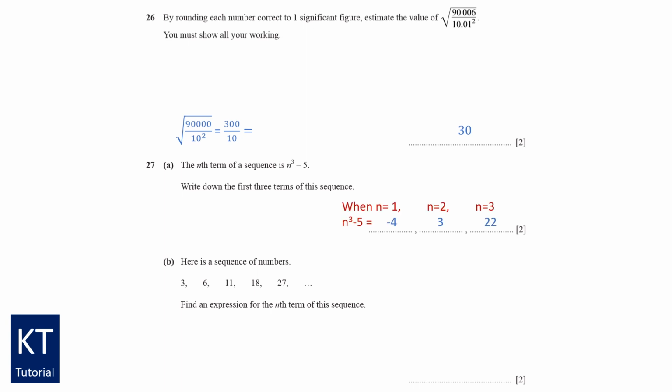By applying n equals 1, n equals 2, and n equals 3 into the expression, you will obtain minus 4, 3, and 22 respectively. Next, here is a sequence of numbers 3, 6, 11, 18, 27. Find an expression for the nth term of this sequence. With the numbers being an offset of 2 against n squared, the required expression is n squared plus 2.